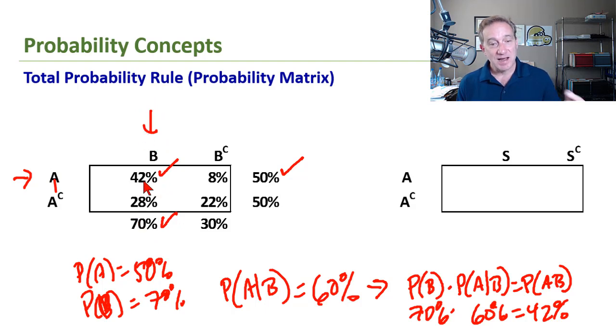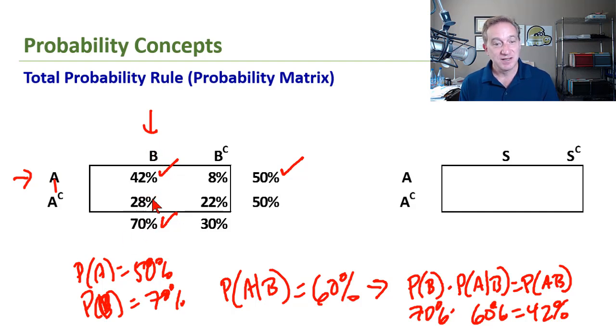Going back to the previous slide that I showed you, we know that if we take this joint probability and add it to this joint probability, which is after all the joint probability of B and the complement of A, adding those together in this column needs to give us the unconditional probability of B. So it's important at this point to understand the terminology: a joint probability plus a joint probability here equals this unconditional, aka marginal probability of B.